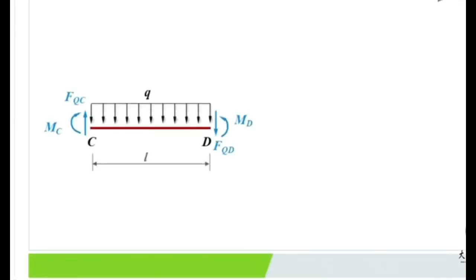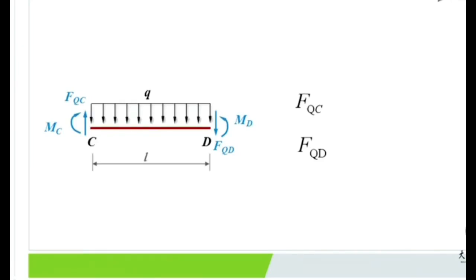For the first case, let's calculate FQC and FQD. According to the equilibrium condition, sigma MD is equal to 0. We could establish that FQC times L minus qL times half of L plus MC is equal to MD.